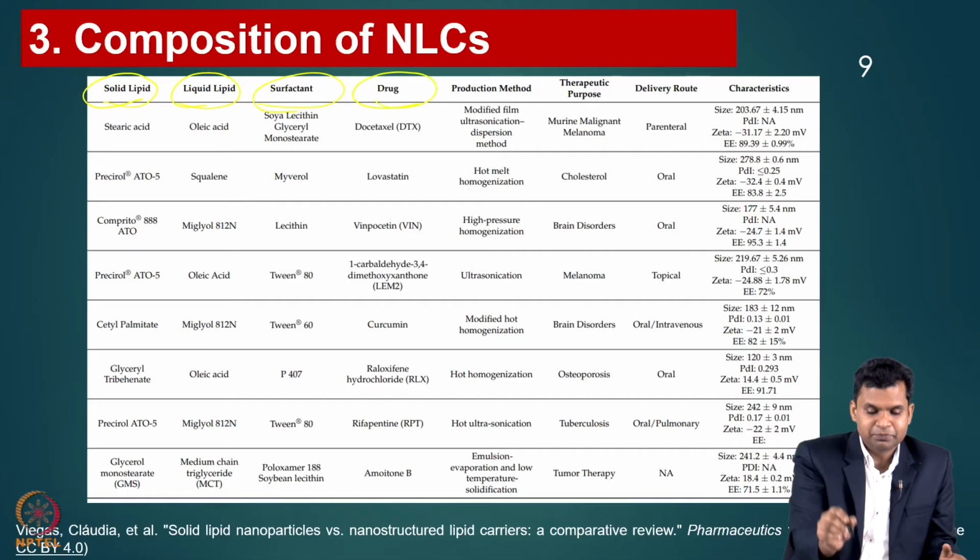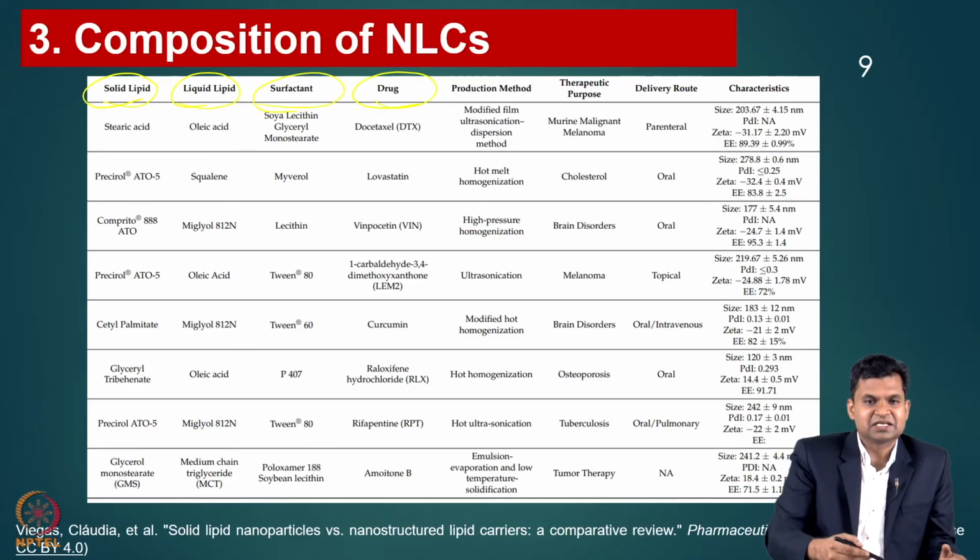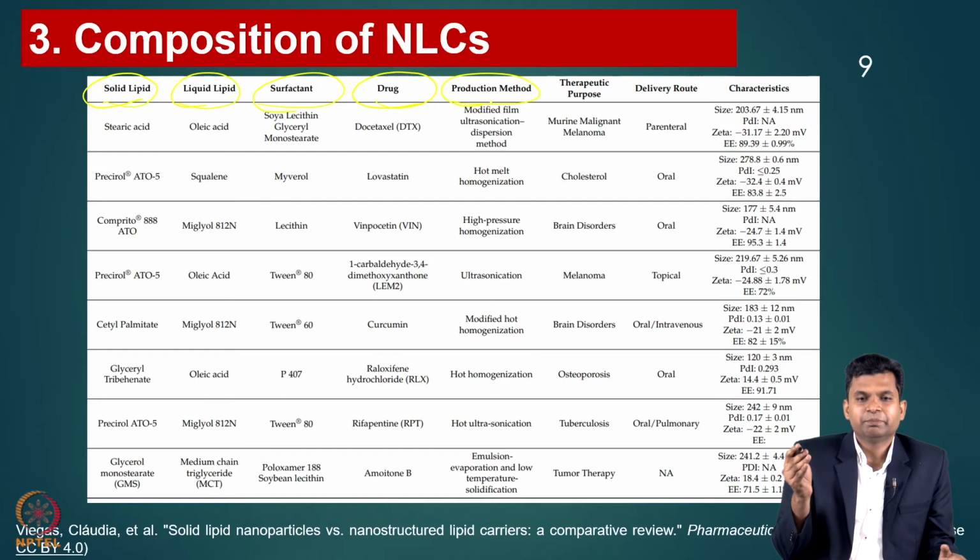Based on the drug properties and on the solubility, you need to select the right solid lipid, liquid lipid, and surfactant, right? So we need to decide the preparation method also, right? As we discussed, thin film ultrasonication method, hot melt homogenization, high pressure homogenization, ultrasonication.